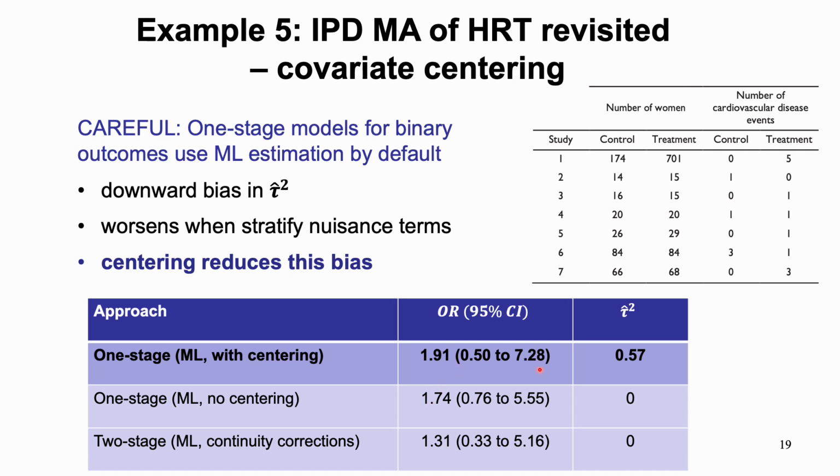Crucially, with the 1.91, we also get an estimate of tau squared that's 0.57, where it's estimated at 0 without centering. So that again is due to this downward bias if you don't center. We talked about the issue with the 2-stage before. So centering in a one-stage analysis with maximum likelihood estimation has a big impact. And again, this leads to problems if you don't deal with it properly.